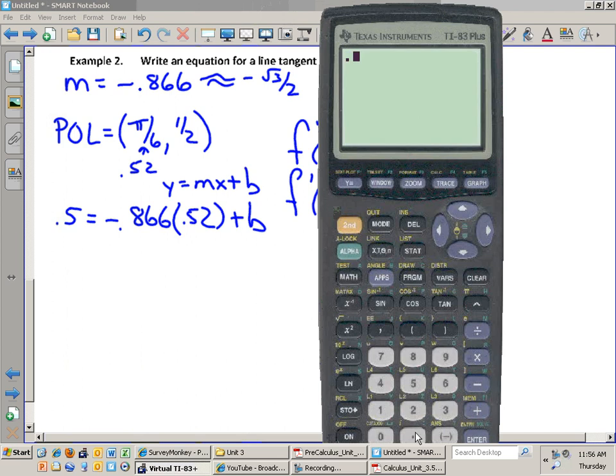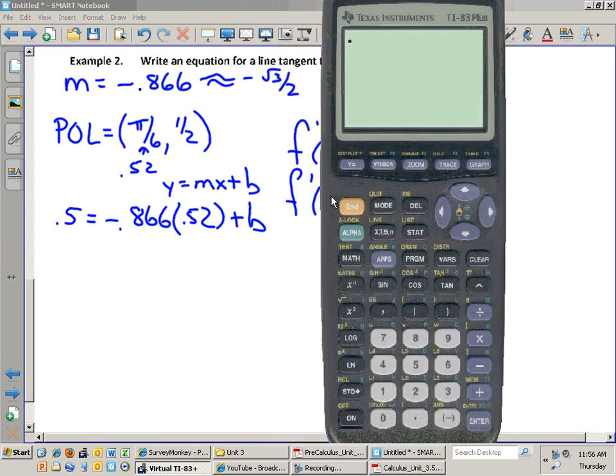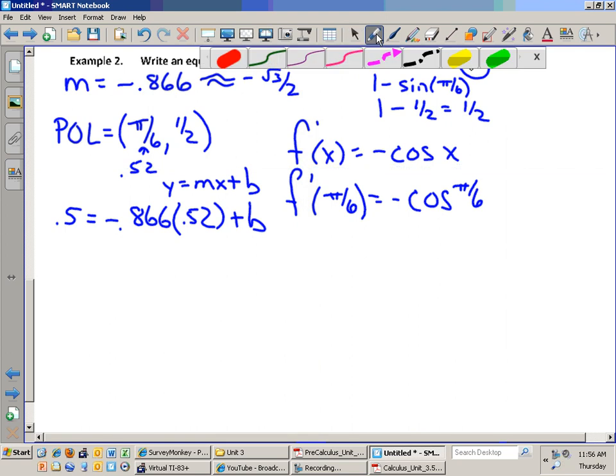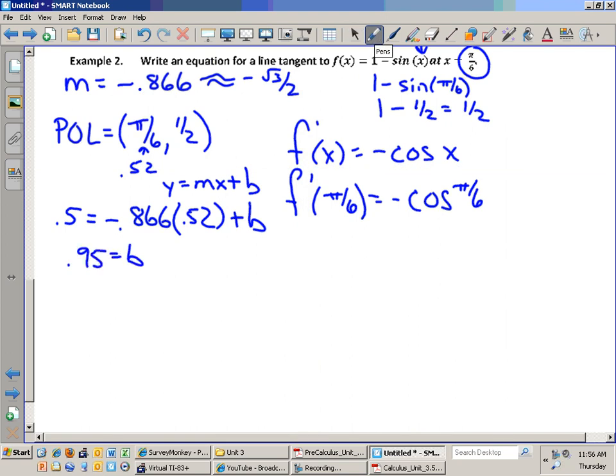Negative 0.866 times 0.52. We'll add that over to the other side. 0.5 plus 0.45 is 0.95. So about 0.95. So the equation for my line is y equals negative 0.866x plus 0.95.